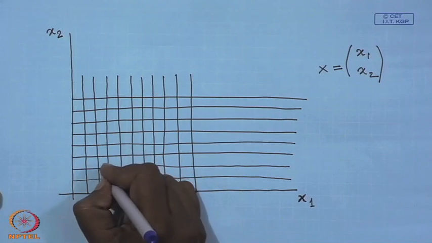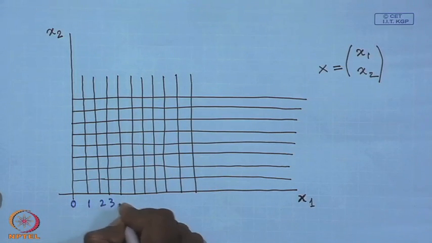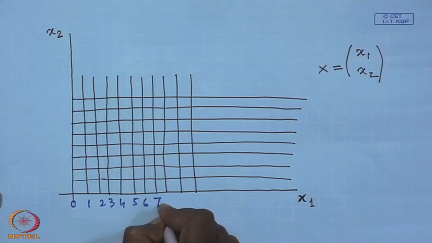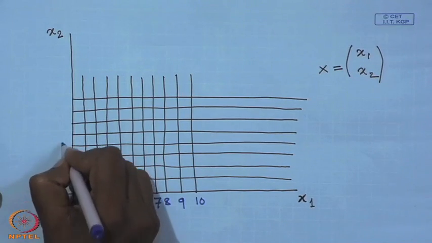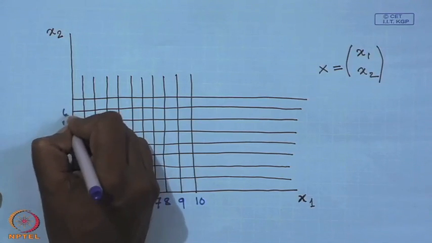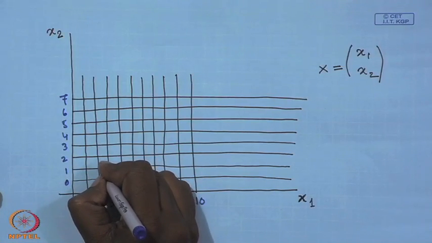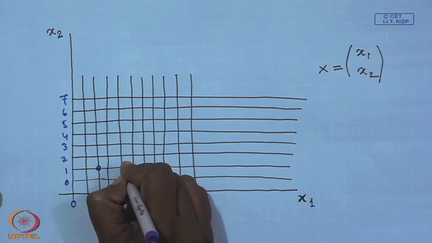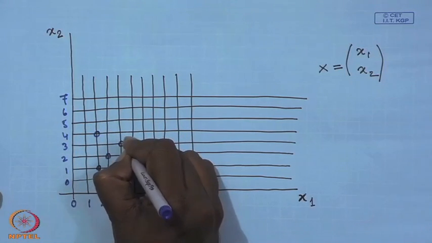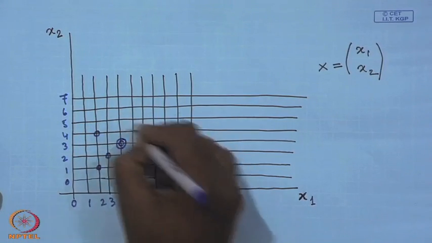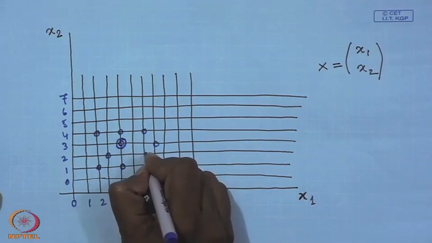Let us take some arbitrary samples. I will put this as 0, 1, 2, 3, 4, 5, 6, 7, 8, 9 and 10, 0, 1, 2, 3, 4, 5, 6, 7 and so on. So, suppose I have been given samples of this form, say one sample over here, one sample here, one sample here, one sample here. Let us assume that we have got two samples here. Then one sample here, one sample here, one sample here, one sample here.